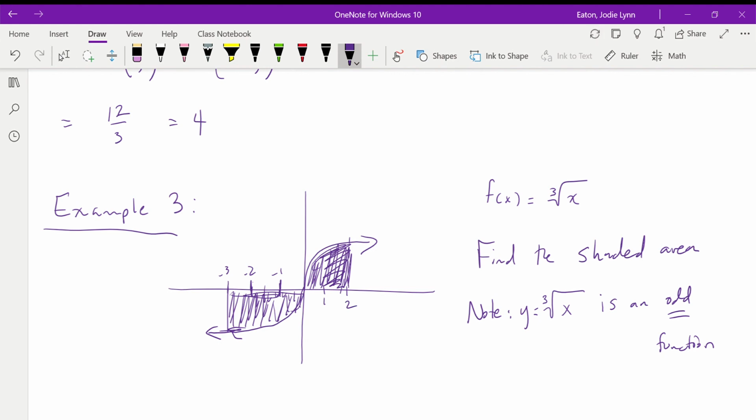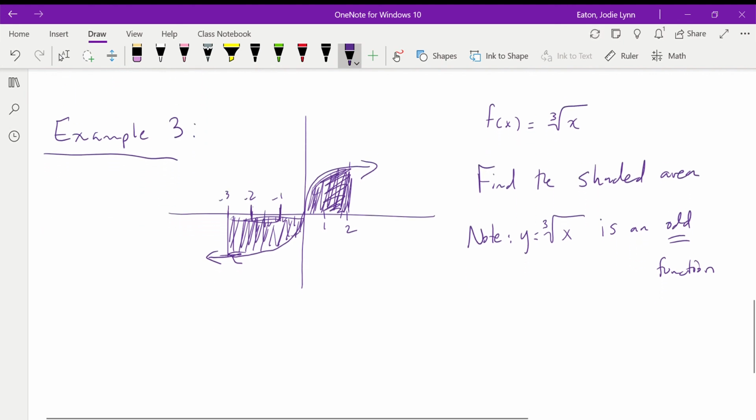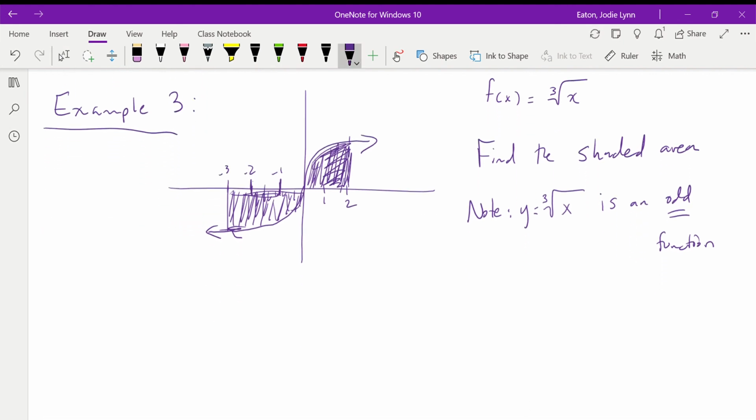Okay, so how can we set this up? Well, we know that if we negate the integral here, so negative the integral from -3 to 0 of x to the 1/3 dx, because we know that from before 0, this is negative, it's below the x-axis, so we want to negate it to make it positive.